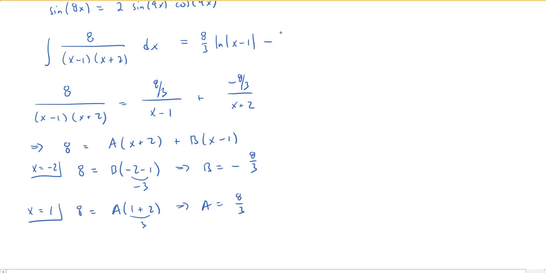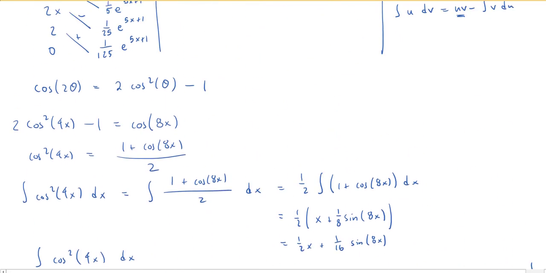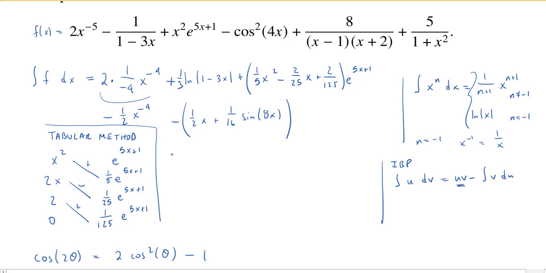Okay, and then the second piece will be -8/3 times the natural log of the absolute value of x plus 2. Okay, so we can bring that back up. So the next piece will be plus 8/3 natural log absolute value of x minus 1 minus 8/3 natural log absolute value of x plus 2.